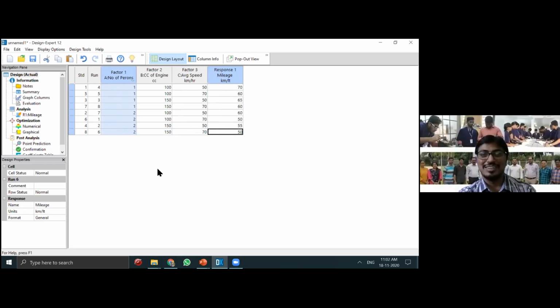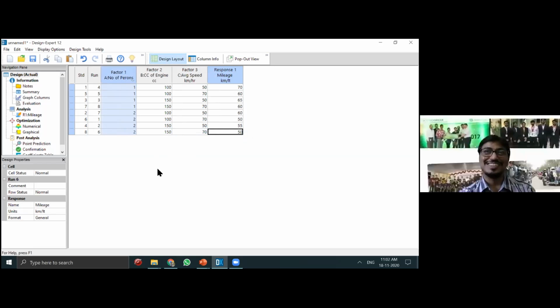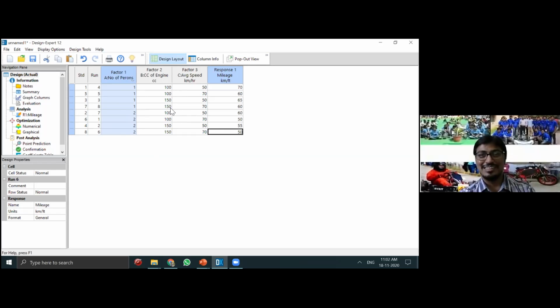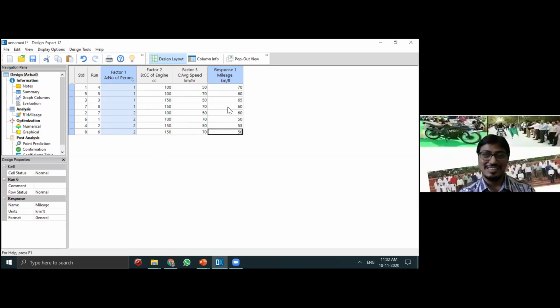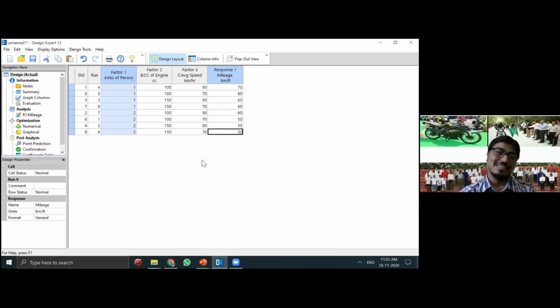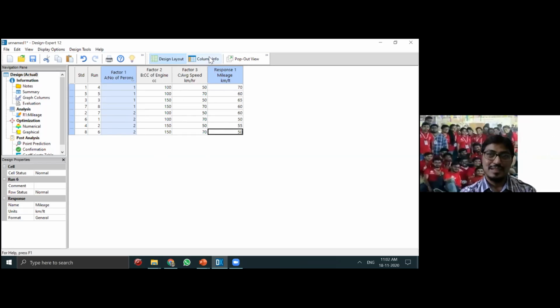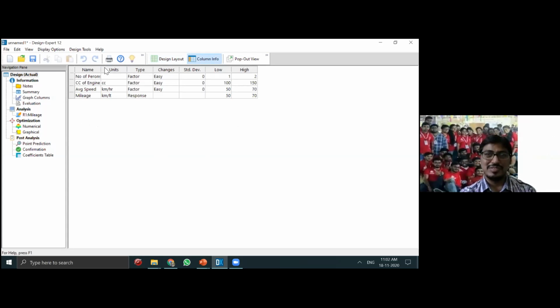Sometimes you have to do some manipulations, which will come from experience only. 1 1 1 1 was 100, then 150, 150, 100, 150. So here it will be varying. This is how your design with coded factors is mentioned. So hope everyone is done with this. You can go with column information. What are the columns?